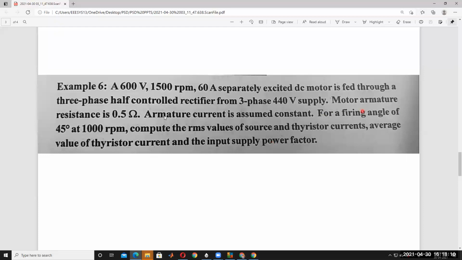For a firing angle of 45 degrees at 1000 RPM, compute first the RMS value of source current, the RMS value of thyristor current, then the average value of thyristor current, and then the input supply power factor. Understood? These are the different types of problems.